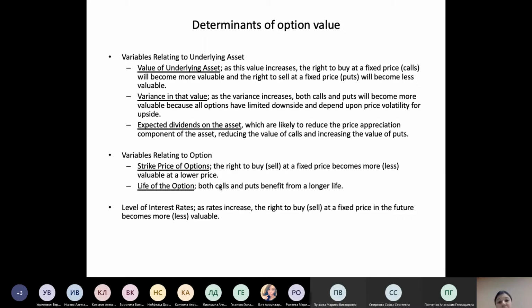Expected dividends on the asset are likely to reduce the price appreciation component of the asset, reducing the value of calls and increasing the value of puts. And certainly all these conditions will be quite similar for our financial and real options, but for real options, these components can be transformed according to the nature of our real option.